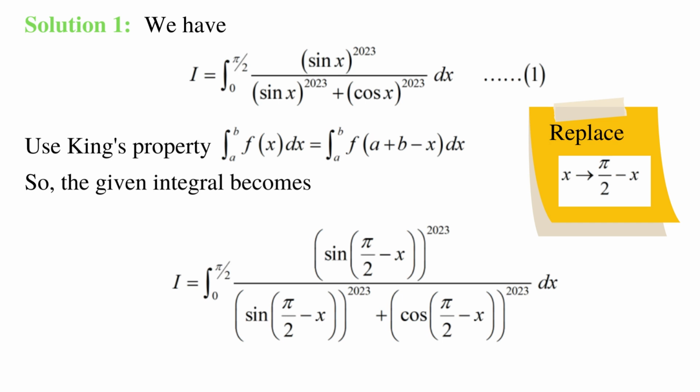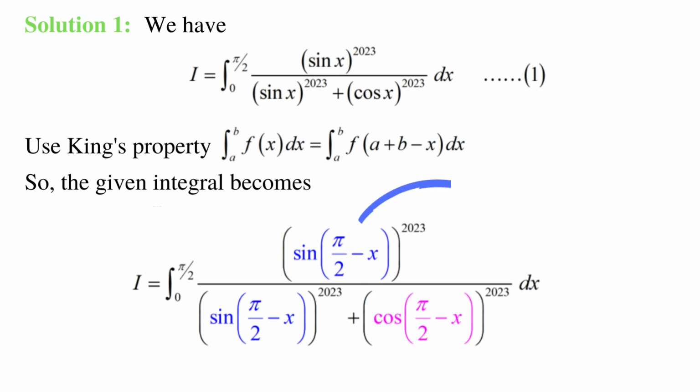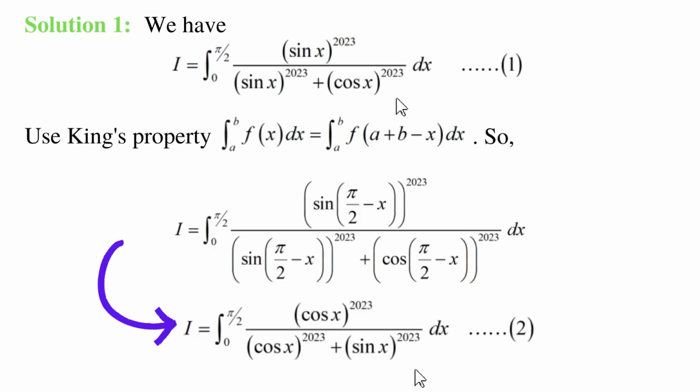Now notice that sin(pi/2 minus x) is actually equal to cos x, and cos(pi/2 minus x) is actually equal to sin x. So we can replace sin(pi/2 minus x) with cos x and cos(pi/2 minus x) with sin x. After replacing, we get equation 2.